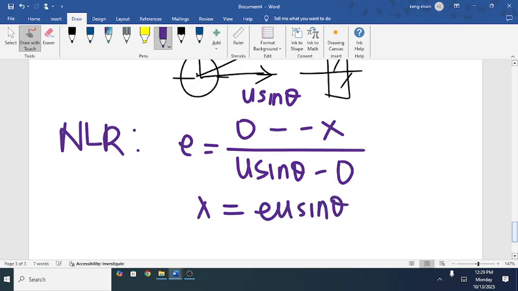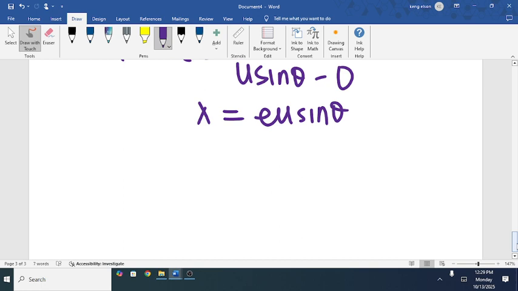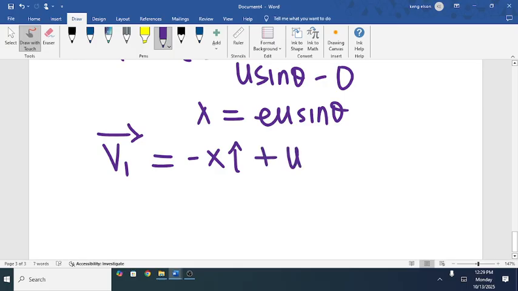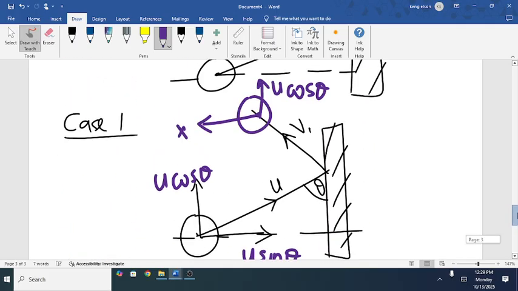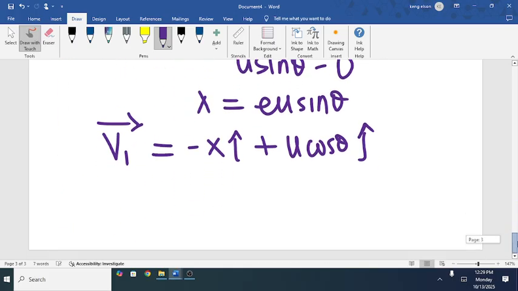Is it okay? Now what is the velocity? v1 is equal to the velocity along x, which is minus x because x is going to the left, plus the velocity along y, which is u cos theta in the j direction. If you check the diagram, you realize that that's it. So that's the velocity.